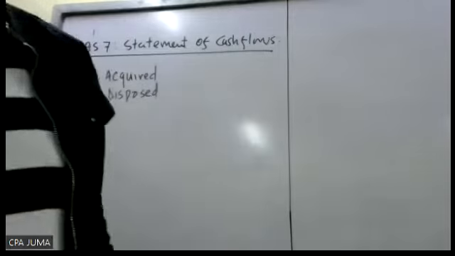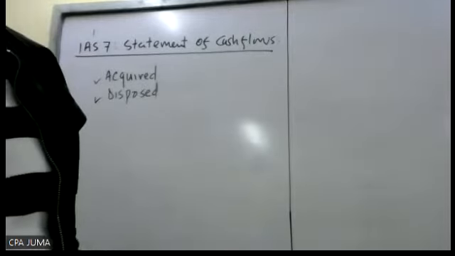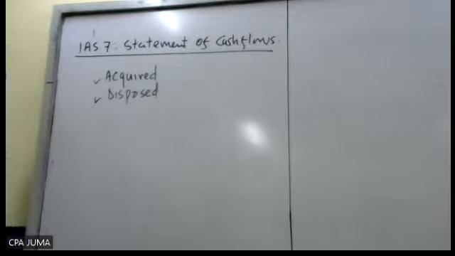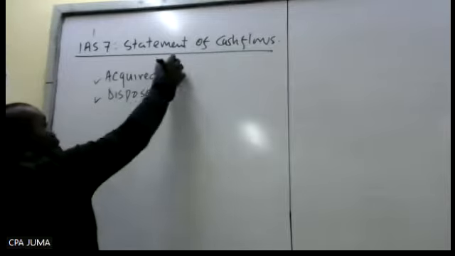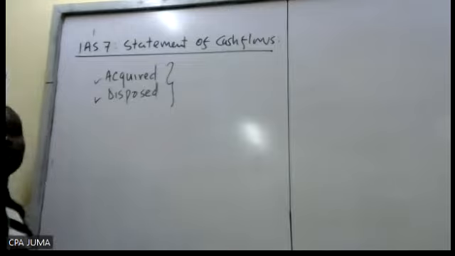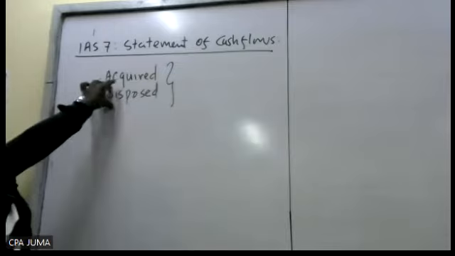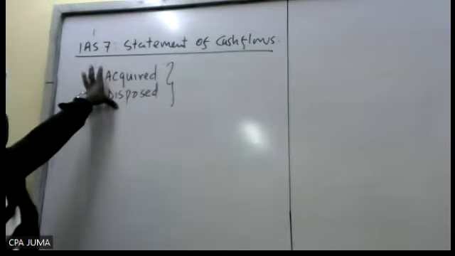Either of those two, or both, they can combine them in a question. They have done that before. So any cash flow at this level, you will get a cash flow where a subsidiary was acquired or a subsidiary was disposed.